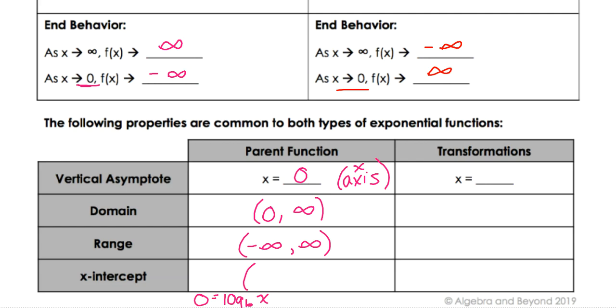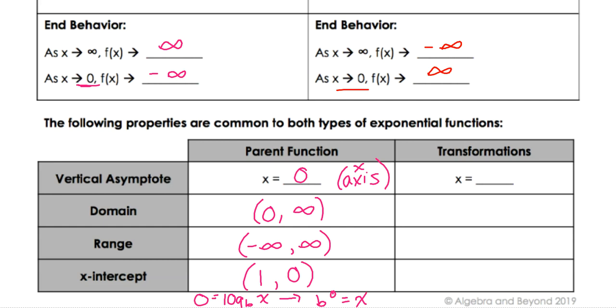And if we remember that logs are saying b to the 0 power equals x in this case, we know that anything to the 0 power is 1. So no matter what that base is, when I raise it to the 0 power, it's going to be 1. So my x-intercept is 1 in order to get out a 0 for my log. Those are the key features of the parent function, and then we start transforming it.